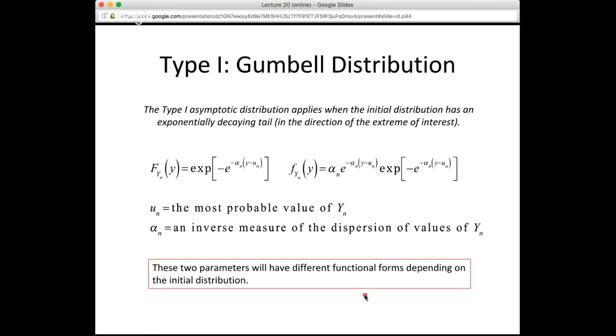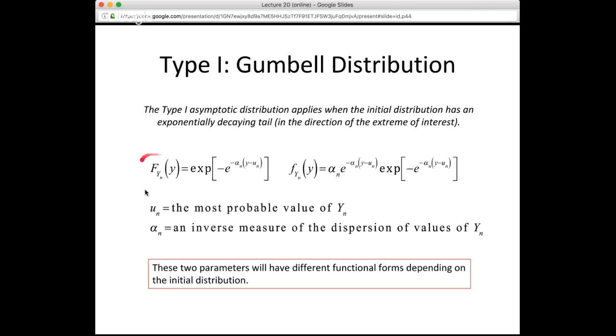Okay, so this is what the type 1 or Gumbel distribution looks like. I don't really have anything magic to say about these. I mean, there's a deep theory behind them. We're not going to go into that theory, but basically you just have a CDF and a PDF form of the Gumbel distribution, which depends on two parameters, alpha sub n and u sub n.